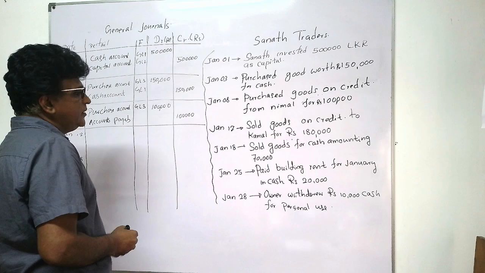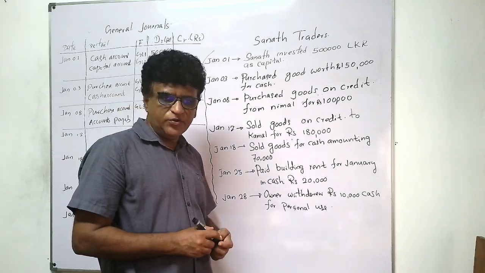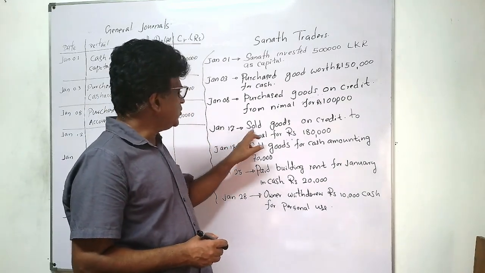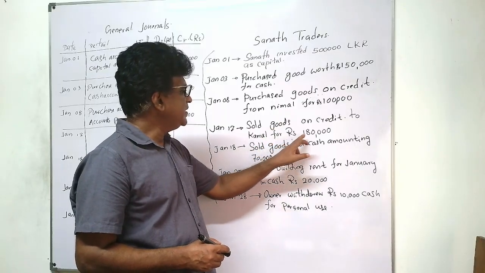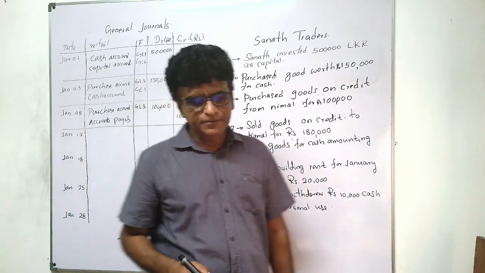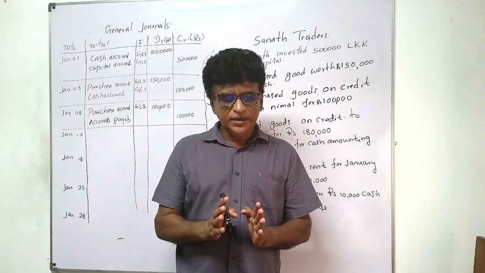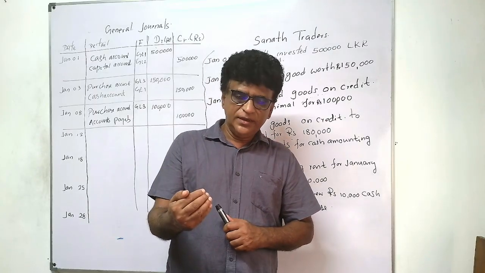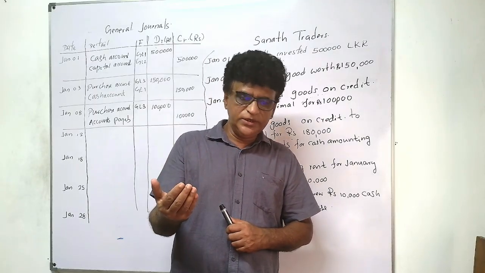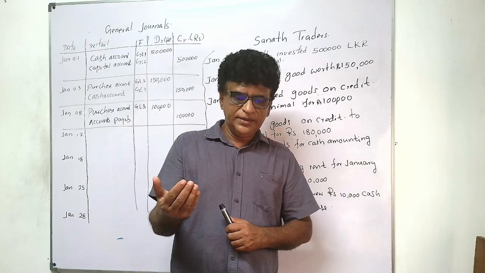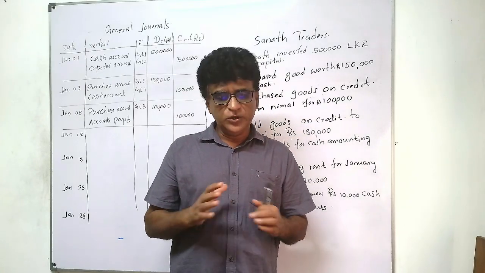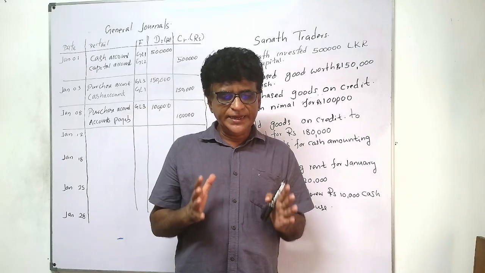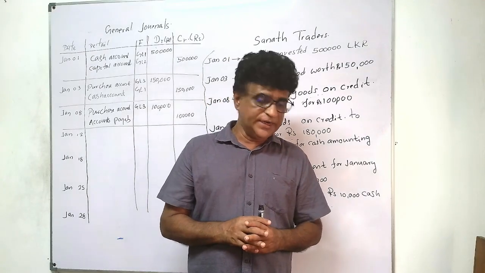Right. What is the transaction on January 12th? January 12th, sold goods on credit, Kamal for rupees 180,000. This is a credit sale. Then if credit sale, they have sold goods but they didn't receive money. Then that is receivable account. There are two accounts.